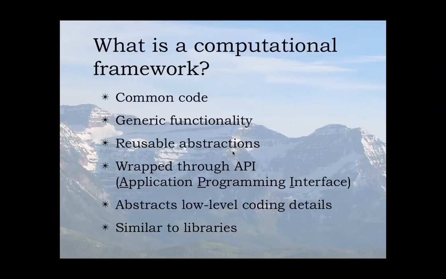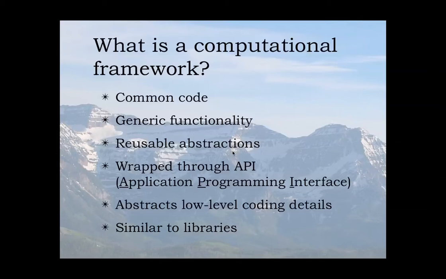And reusable abstractions are sort of the same idea. It provides abstractions for things like parallelization and data input and output, so that users don't have to deal with low-level programming details, like how do I use fopen and dump my simulation data to a file. The user doesn't have to worry about that. They use these higher-level abstractions.